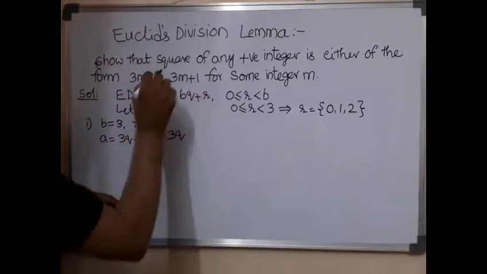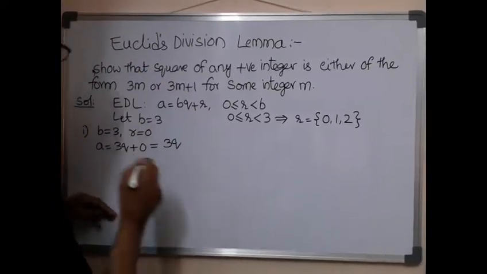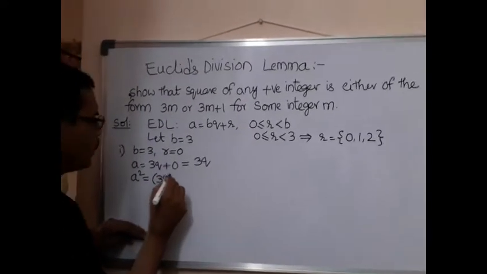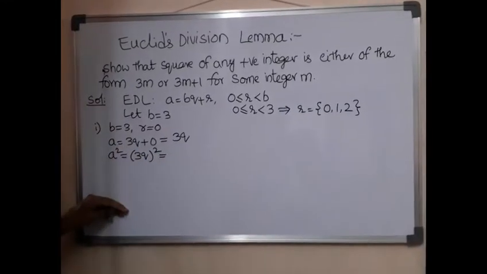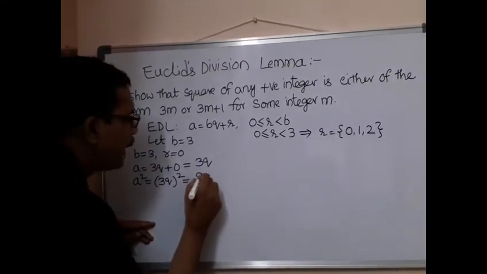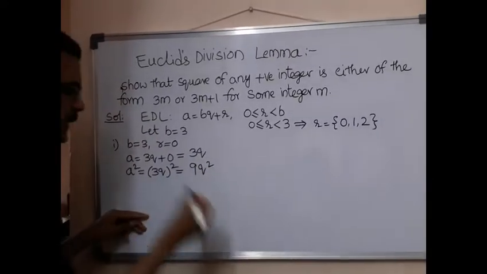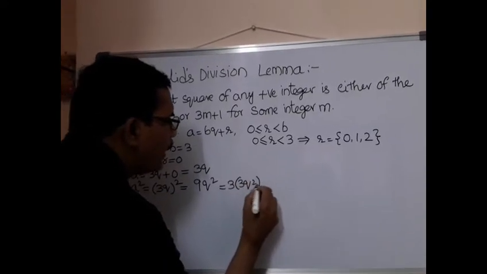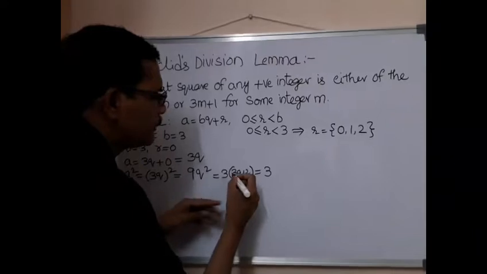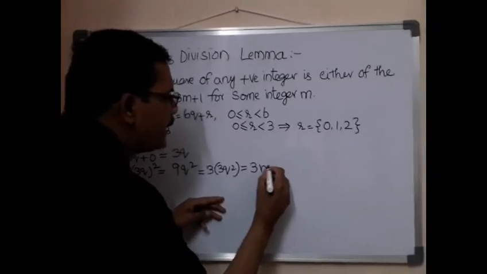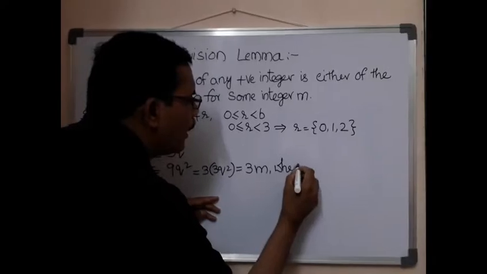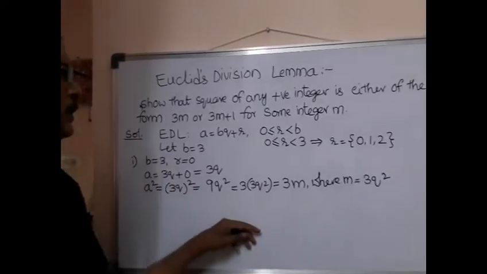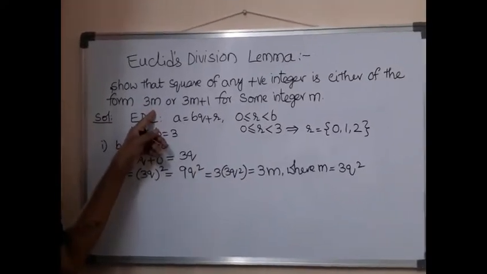We have to show the square of a positive integer, so we will do squaring on both sides. a square = (3q) whole square, which is 9q square. This can be written as 3 of 3q square, where I am taking m = 3q square. So we got the 3m form.